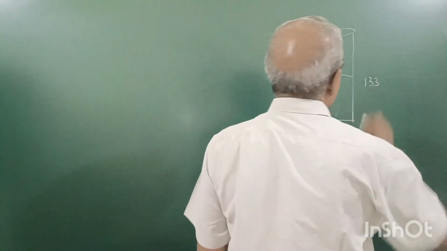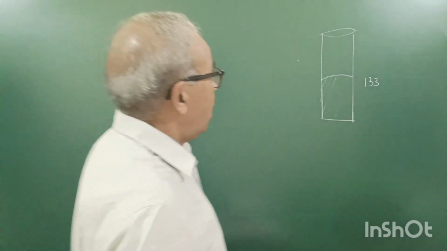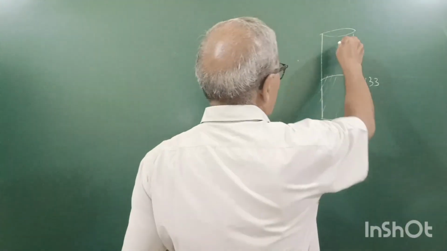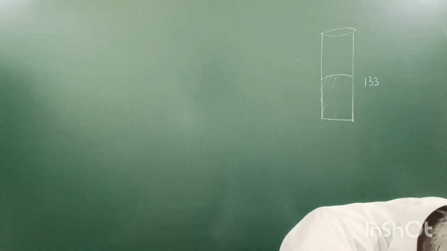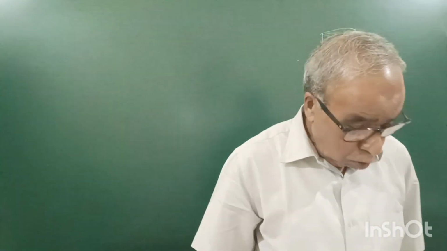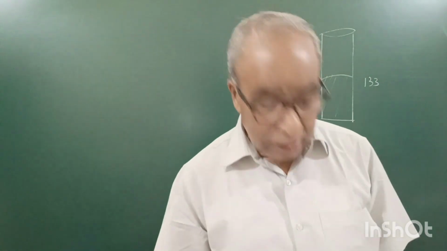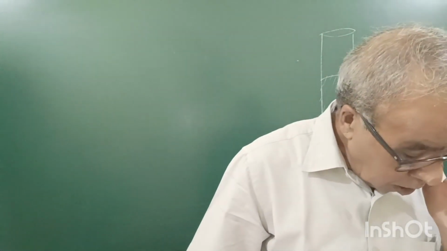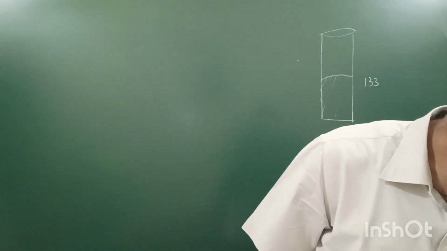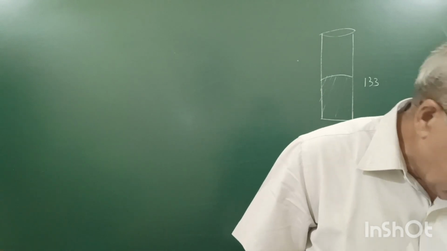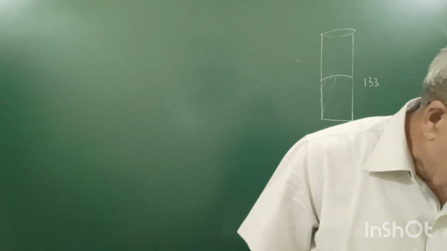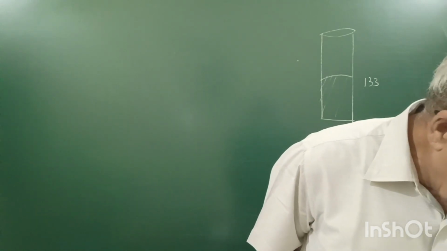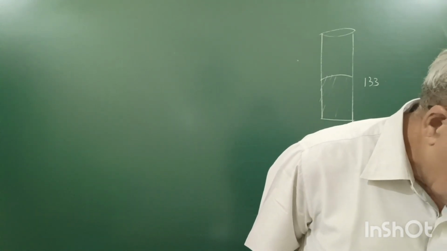So when we raise the temperature, the length of the air column, that is the volume of the air column, what does it say? A glass tube of uniform bore of length 130 centimeter is to be filled with mercury so that the volume of the tube above the mercury will remain the same at all temperatures.